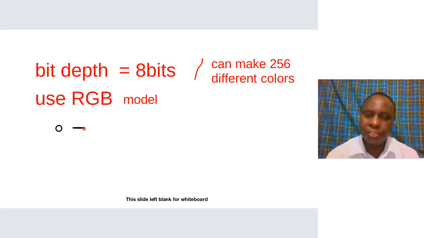I may not draw this very well. Of course, they should be in a straight line, but it may be a bit challenging for me. But essentially, the points that make your image are normally arranged in a rectangular format.